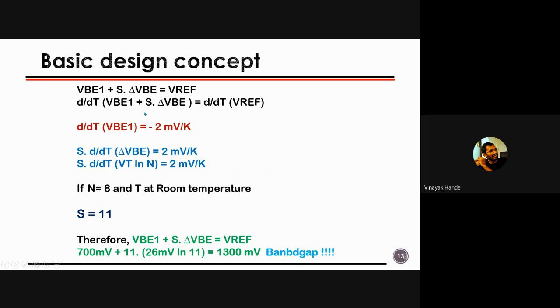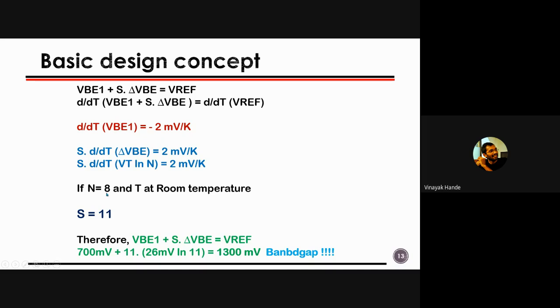The slope of VB1 and the slope of delta VB we'll try to equate, right? At the end, the delta VB slope should be exactly opposite to the VB1 slope, right? I know that the VB1 slope is minus 2 millivolt per Kelvin, so S into d by dT of delta VB should be 2 millivolt per Kelvin, right?